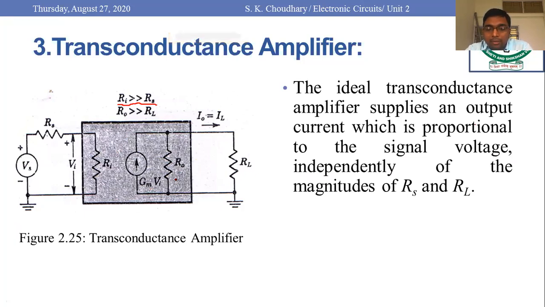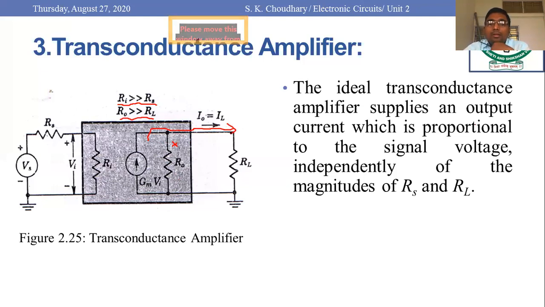In the output network, we have taken the condition of the current amplifier, so R0 is very much larger than RL, so no current would flow across R0, the whole current would flow to this RL.